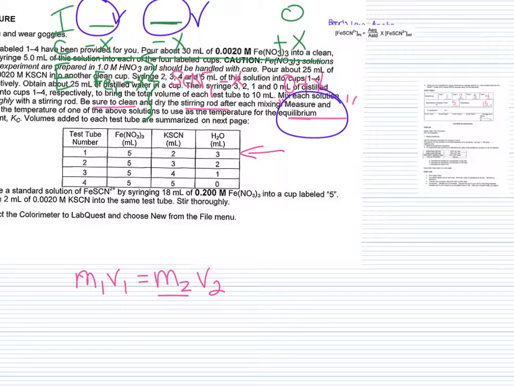So what I'm going to do is plug in the molarity of my iron nitrate, which was given to you up here in your directions, and it was also labeled on the cup.